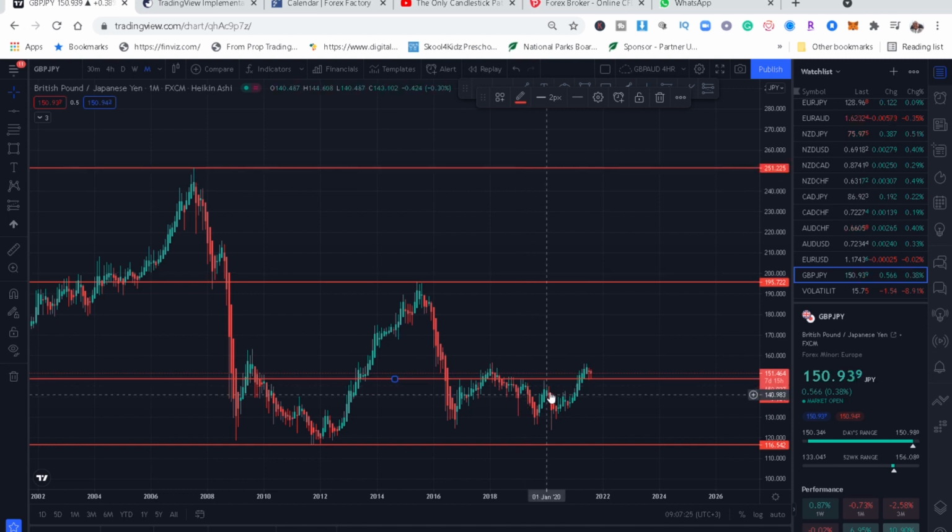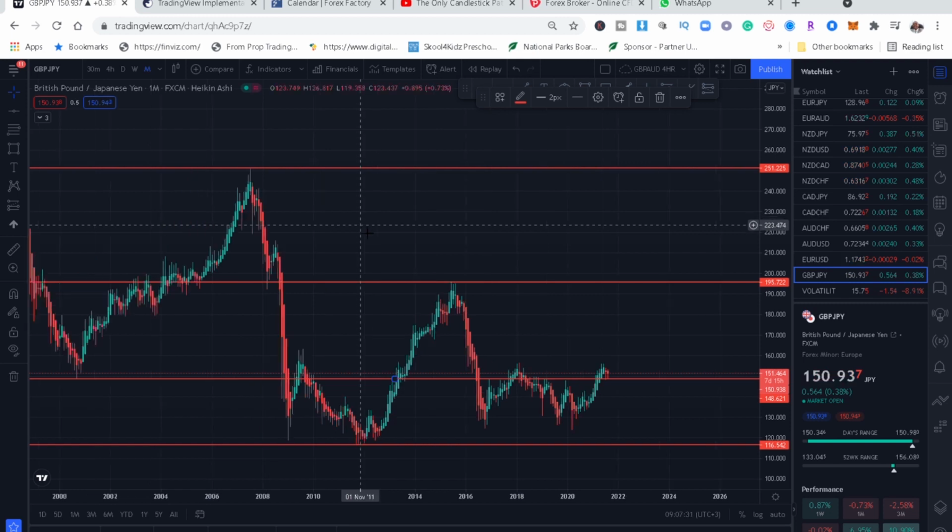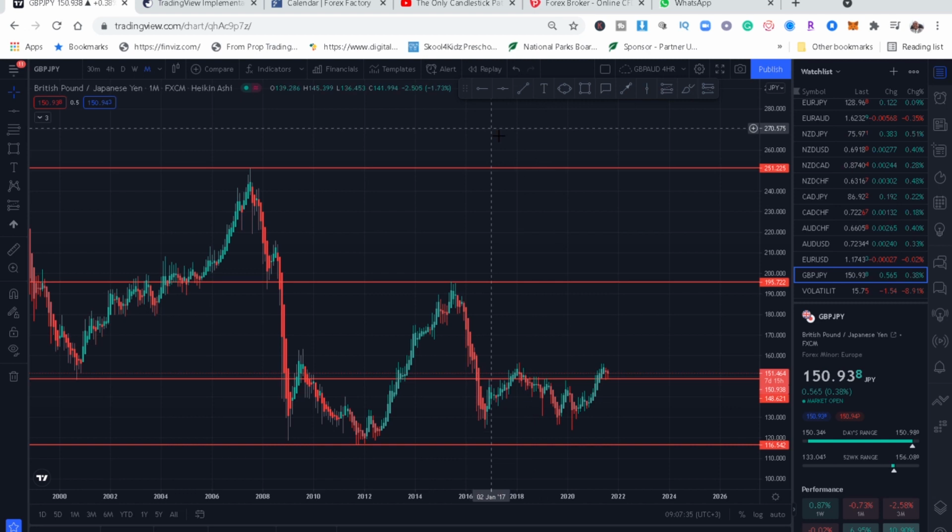So after you have identified at least two resistance, two support, and this is on monthly time frame, the next thing that you do is you take your trend line. We want to spot the key places where the market stopped, because when the market stops on monthly time frame, it means that key place or key zone is very, very important.